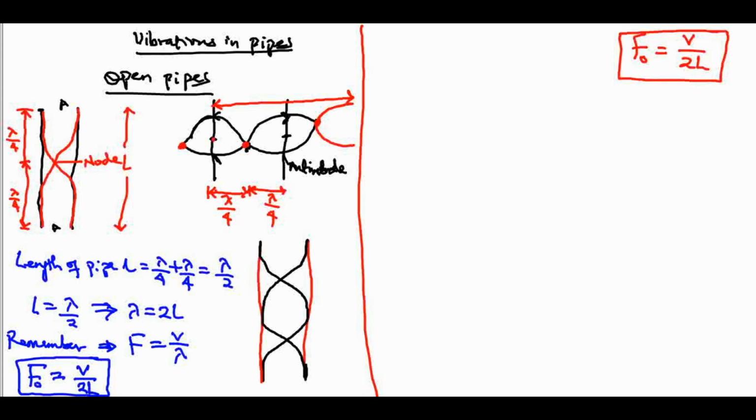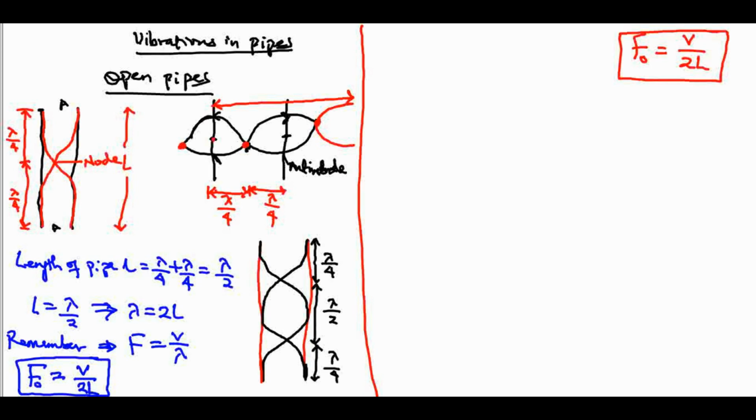Okay, so we can break these things down. From here to here we already know is quarter of a lambda. From this point down to this point is half lambda. And from this point down to this point is also quarter lambda.